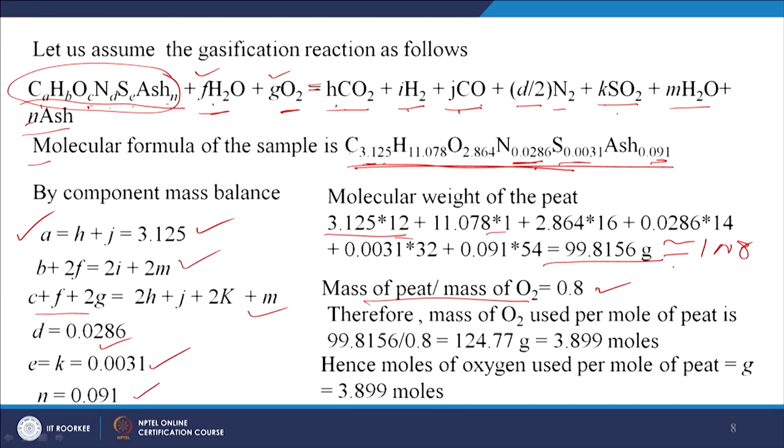So, the mass of oxygen used per mole of pit is 99.8156 divided by 0.8, which is 124.77 gram, divided by 32. It will come to 3.899 moles. Hence, moles of oxygen used per mole of pit is 3.899 moles, that you can calculate.